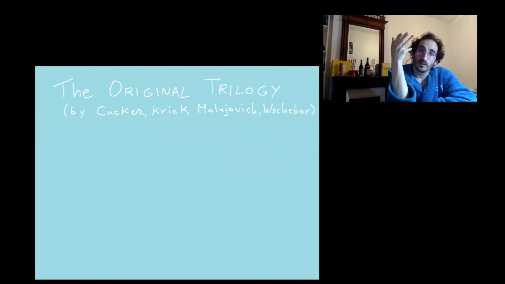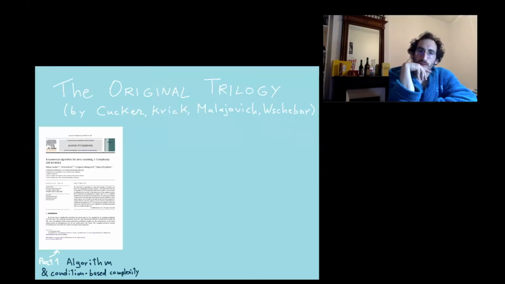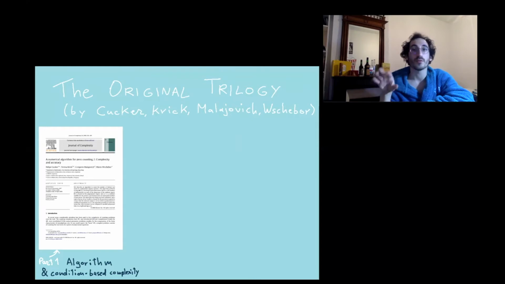This algorithm was found by Cucker, Krick, Malajovich and Wschebor in their original trilogy, A Numerical Algorithm for Zero Counting. In the first one, they proposed the algorithm and did a condition-based complexity analysis of the runtime and of the precision of the algorithm.